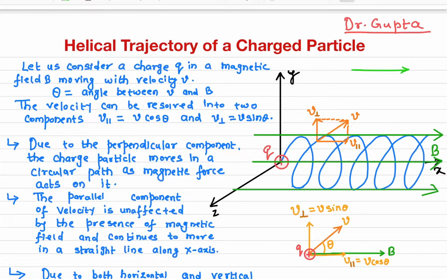And the charged particle is moving along this direction, and there is some angle here, so that is the magnetic field and that's the velocity. You see the velocity and the magnetic field are not mutually perpendicular, they are at some angle theta. Now we have to find the trajectory of the particle.